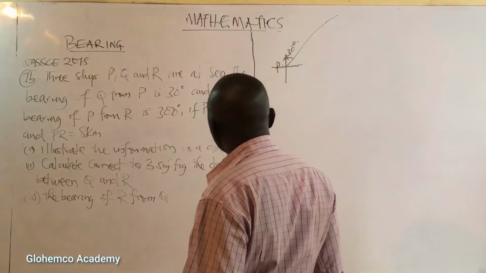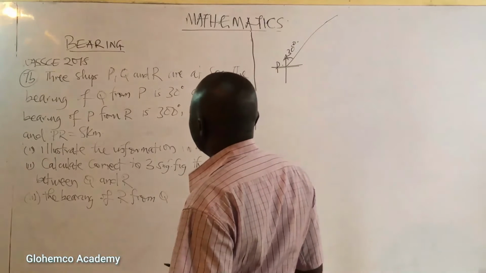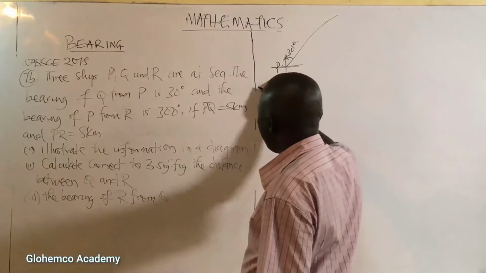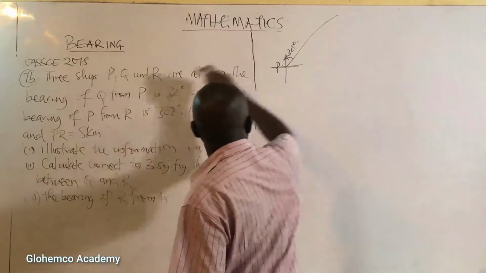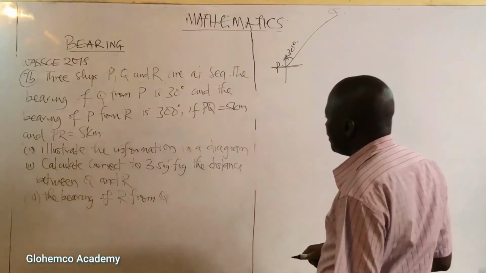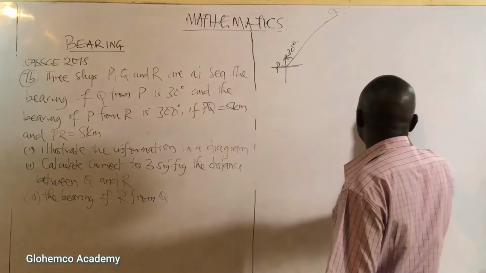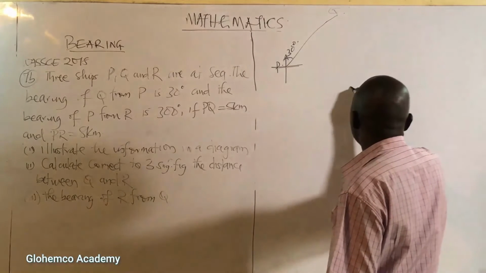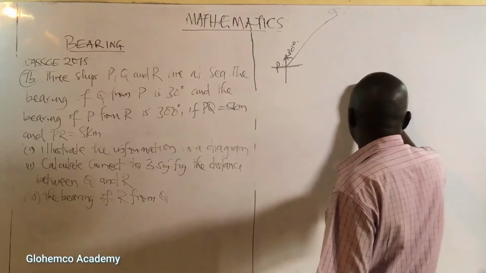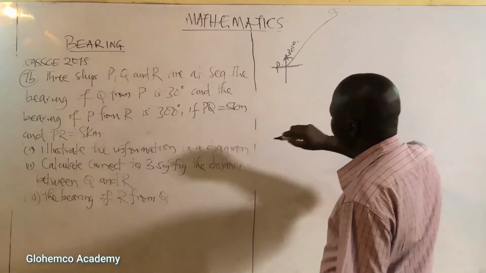And the bearing of P from R is 300. The bearing of P from R, this is P. We have been told that this is our Q. Then let's position our R somewhere here. And we need to get 300. Let's position it very close. If this is our position R. We have been told it's 300.